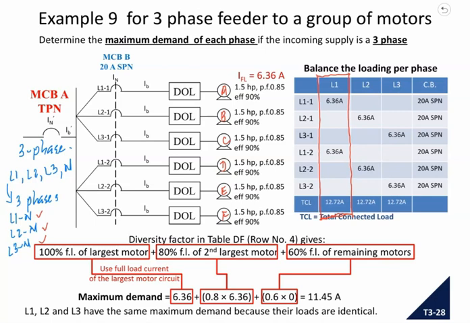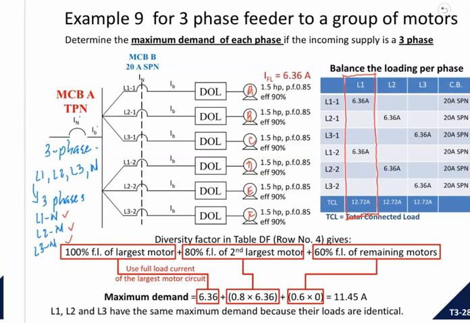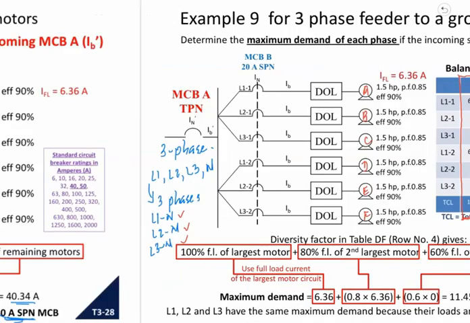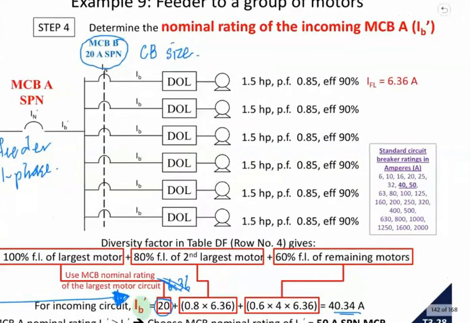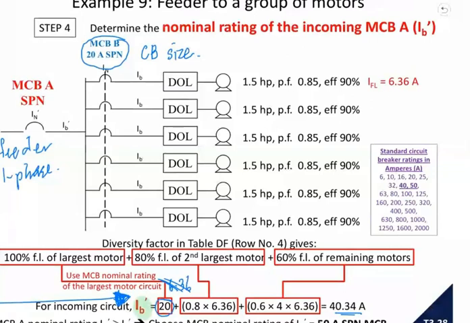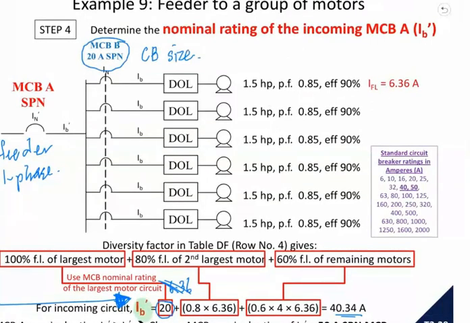So before we move on, John has a question. Referring back to step 2 just now, he's asking, instead of choosing 20, will you be marked wrong if you choose 16 amps here?